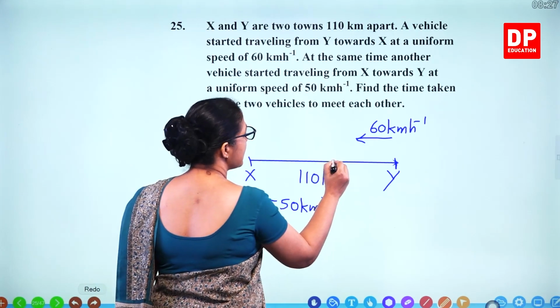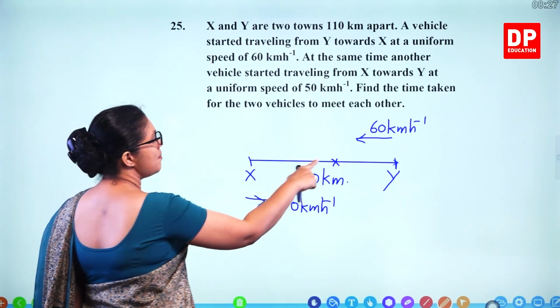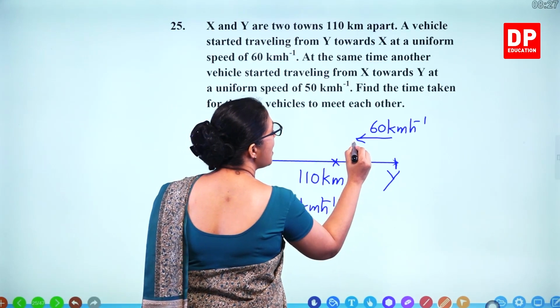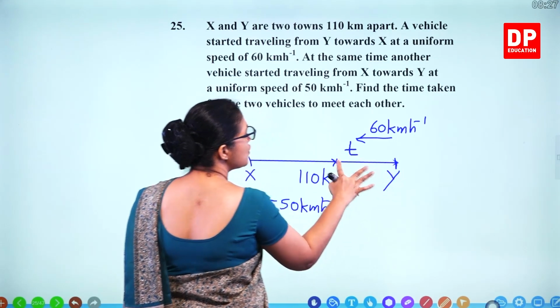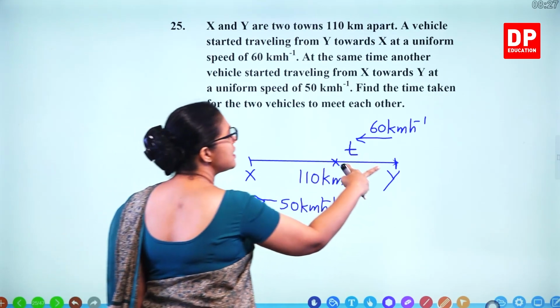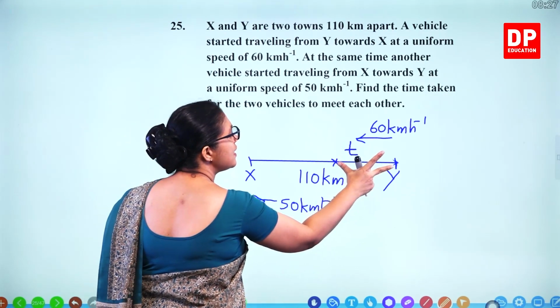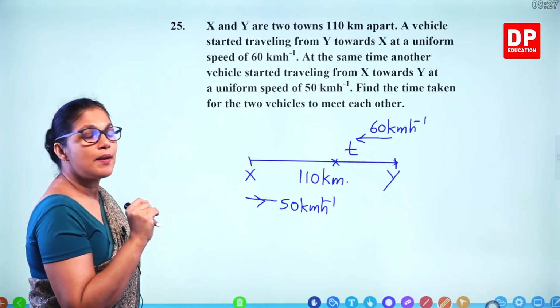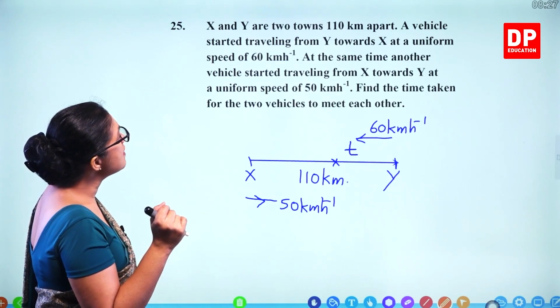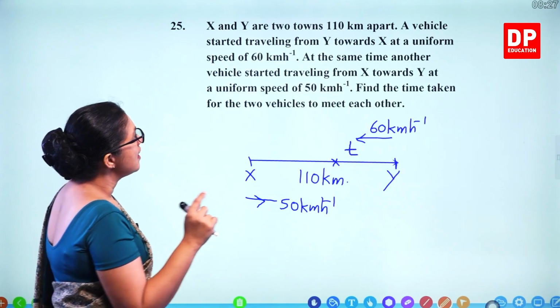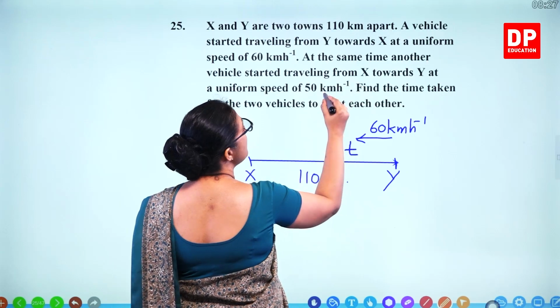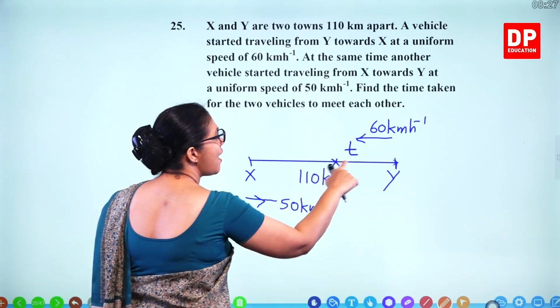So this is the meeting point. Time t takes for this one. So what is the distance traveled within t? This is in kilometers per hour, so we'll take t hours.